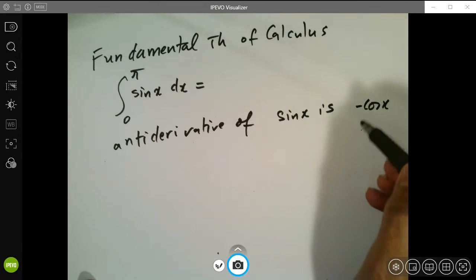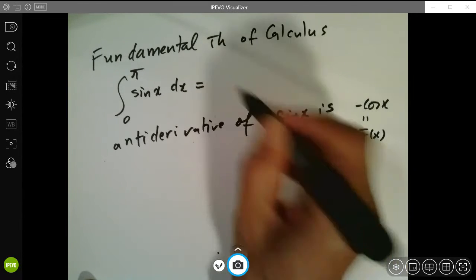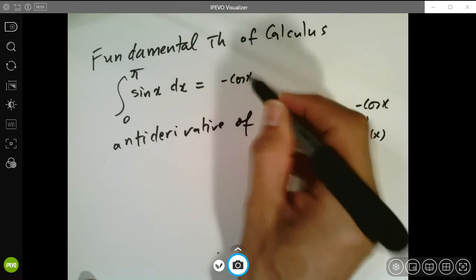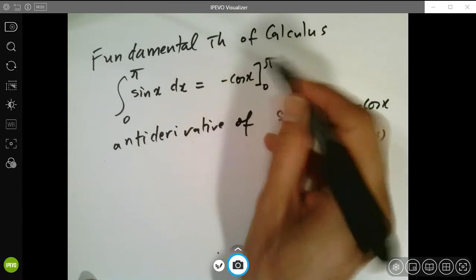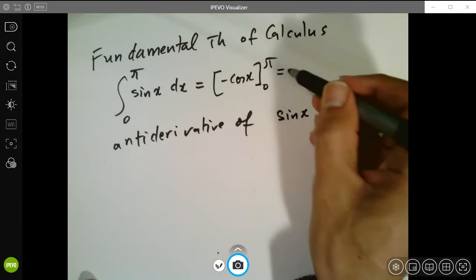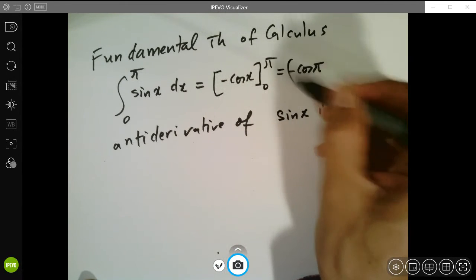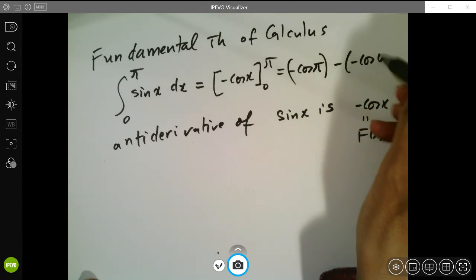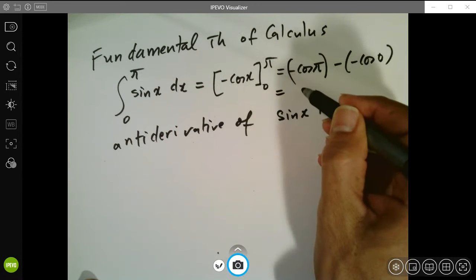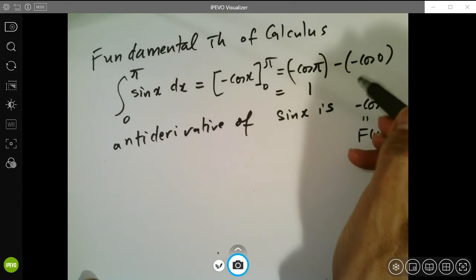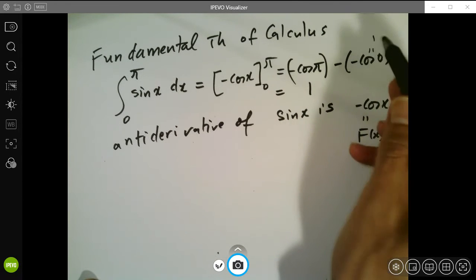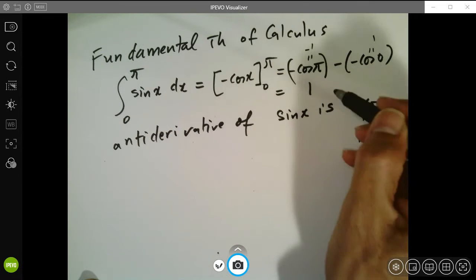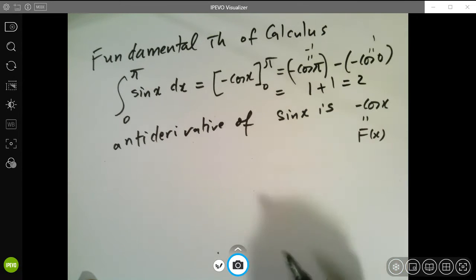Thus, this is F of x, which is minus cosine x, which is minus cosine pi minus minus cosine 0, which is 1. This one is negative 1, plus 1, which is 2.